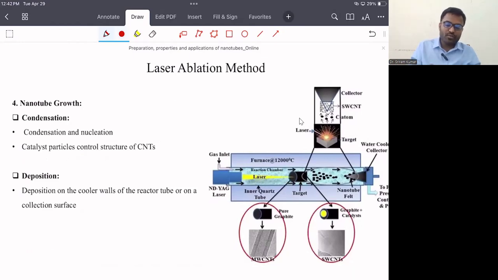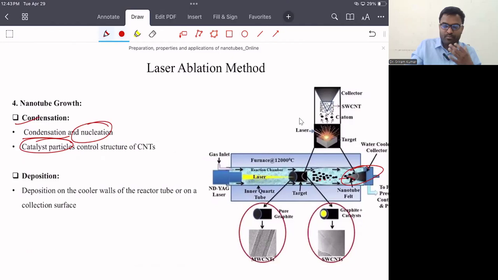Now let's understand the nucleation and growth of the carbon nanotube. First the condensation happens on the collector, and then we get nucleation. Nucleation happens once a critical concentration is achieved on the collector substrate. The nucleation and the structure of the material are controlled by the catalyst we use in the target material.